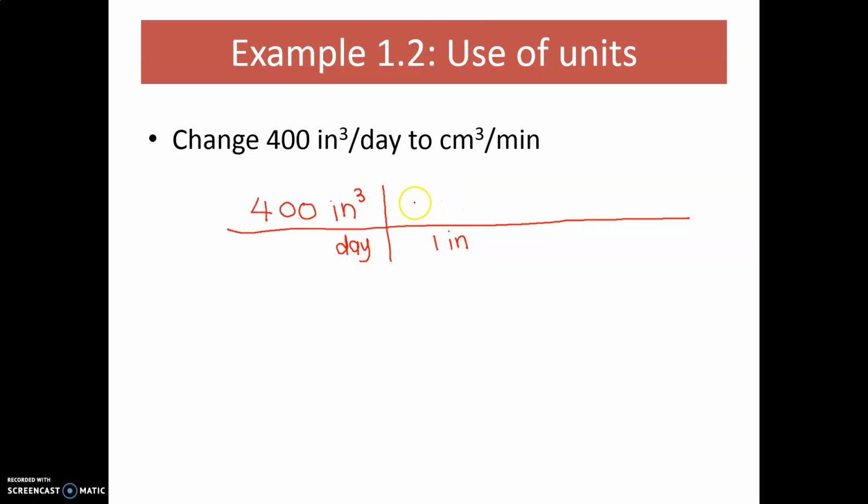1 inch equals to 2.54 centimeter. However, you can see here this is in power of 3, so what we need to do is need to do some parentheses here, a bracket, and all of these need to be of power of 3.